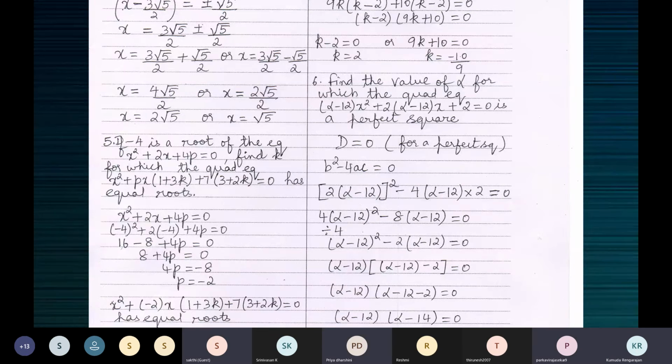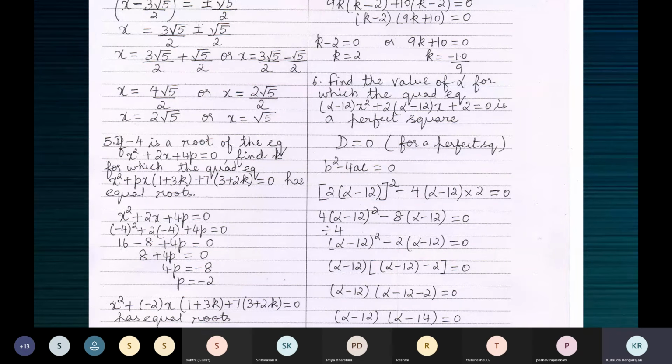Ma'am, minus 20 the whole square, minus 4 into 4 into 25, which is 400 minus 400, 0. So what did you start with?